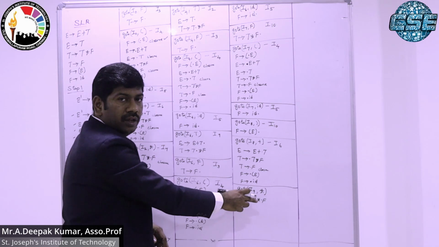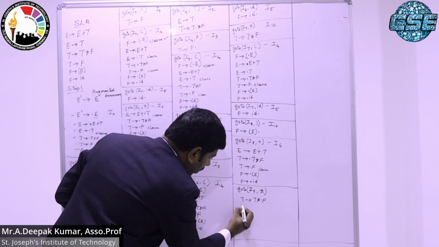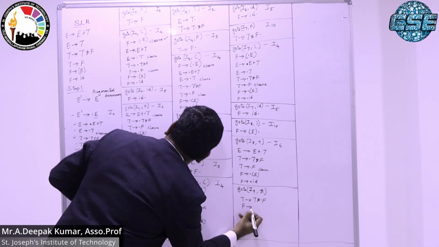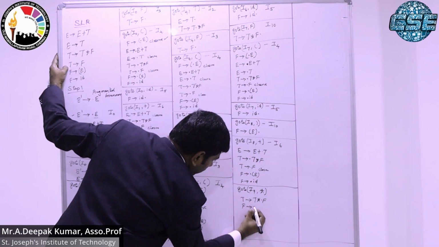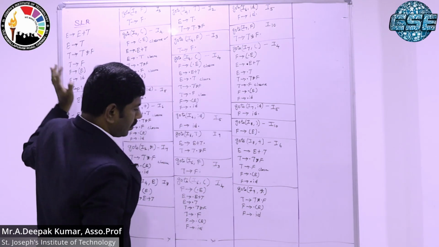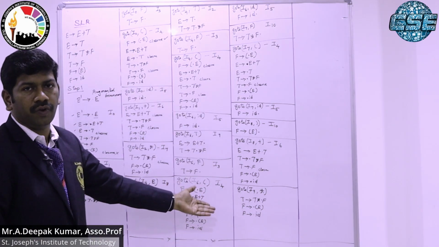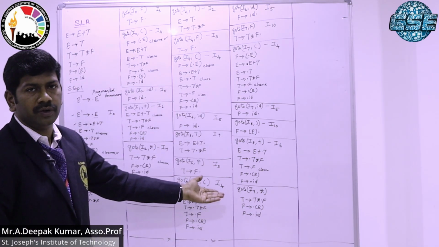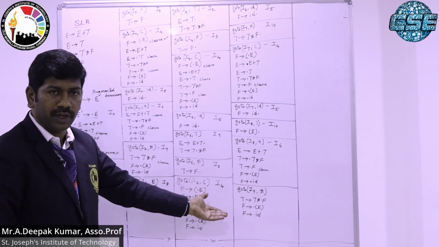Dot is followed by a non-terminal F. So closure is applicable. So I will take it from here. F derives dot open braces E close braces, F derives dot ID. So as discussed, the dot is followed by a terminal symbol called open braces, and dot is followed by ID.